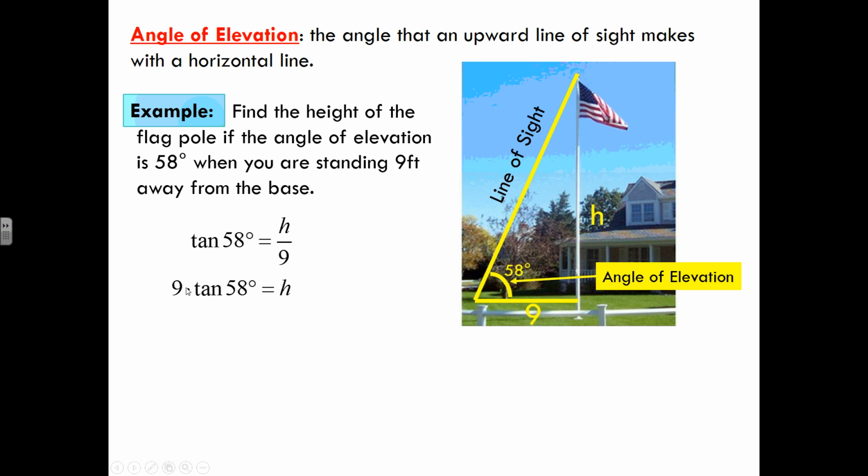This 9 gets multiplied in front of the tangent of 58. It does not get multiplied to the 58. So you can type this in, 9 times tangent 58, hit enter, and you should get 14.403... whatever. And we're going to round to the nearest tenth of a foot. So 14.4 feet. Okay, so that's it.